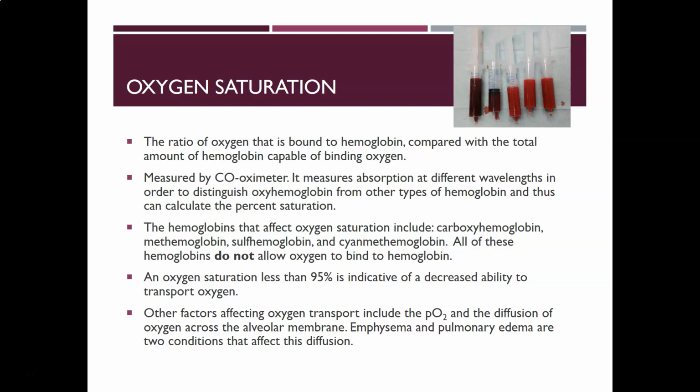An oxygen saturation less than 95% is indicative of a decreased ability to transport oxygen, so if you're less than 95%, there's going to be some concerns. Other factors that affect oxygen transport include the partial pressure of O2 and the diffusion of oxygen across the alveolar membrane. For example, emphysema and pulmonary edema are two conditions that can affect this diffusion because there's either loss of surface area or fluid interfering with the gas exchange.